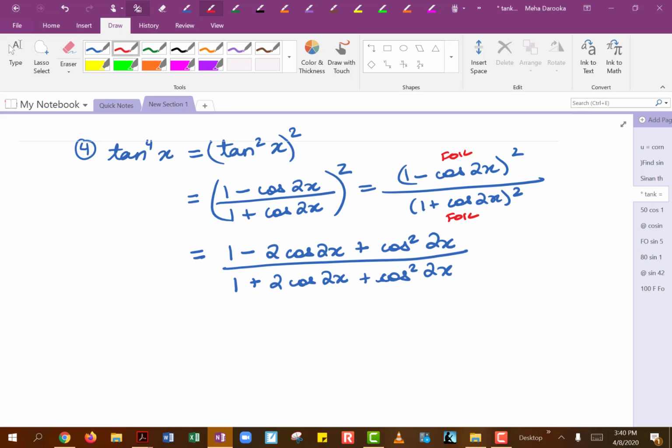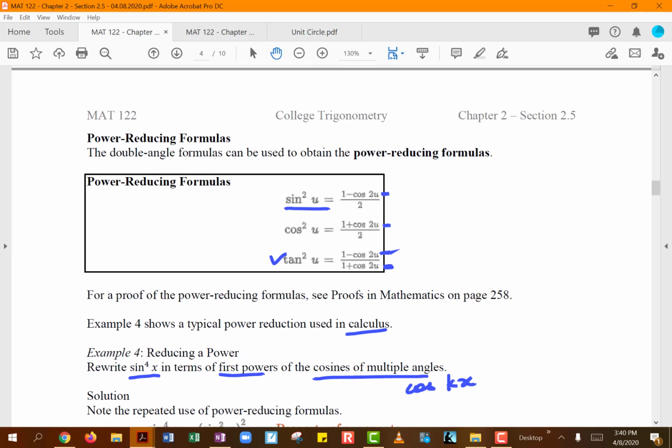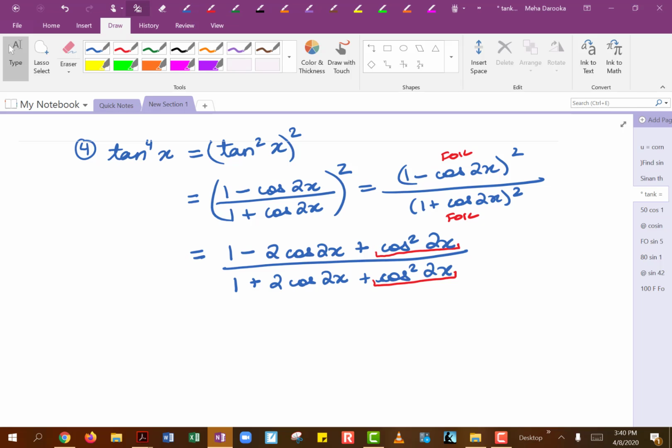Now again, we are going to be taking these terms here, cosine squared of 2x and cosine squared of 2x, and we will be using these power reducing formulas again for those expressions. So cosine squared of u, and we have cosine squared of 2x.